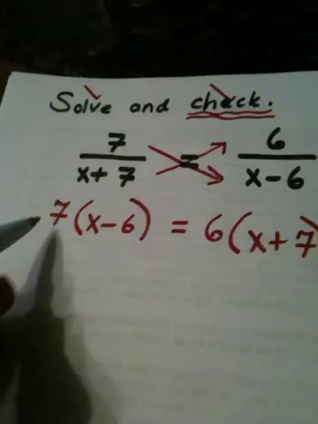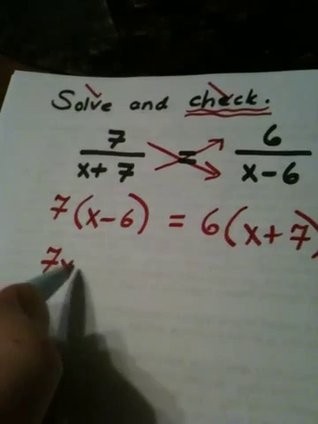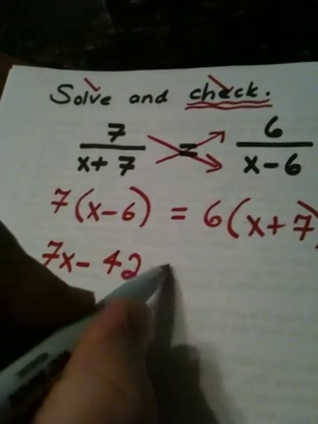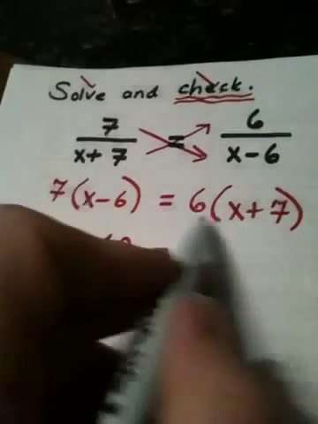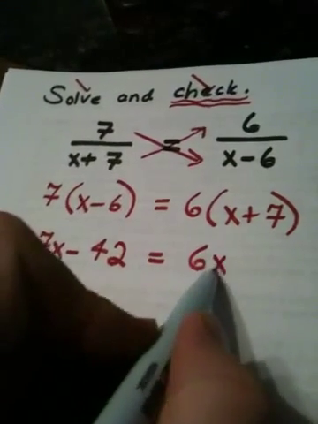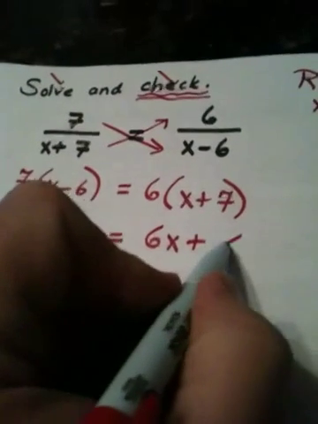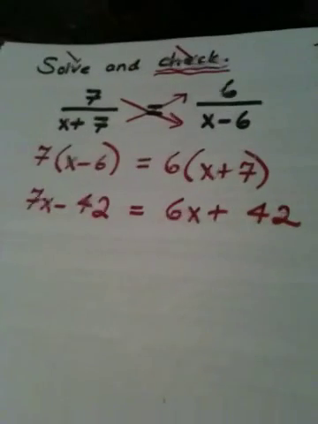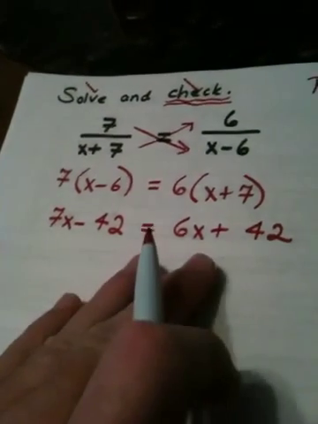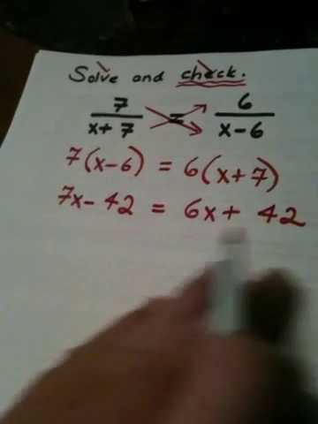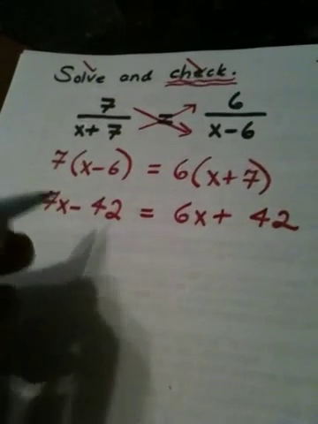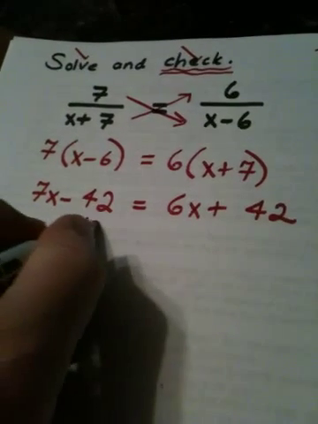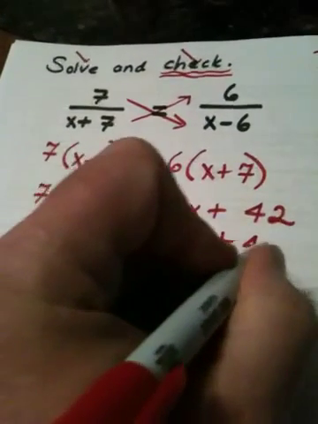When I distribute here, I get 7x minus 42. When I distribute here, I get 6x plus 42. And now I'm going to bring all my x's to the left, my numbers to the right. I'm going to add 42 to both sides of the equation.